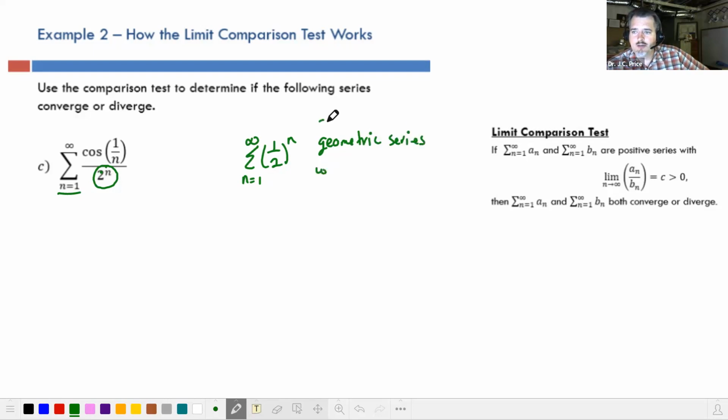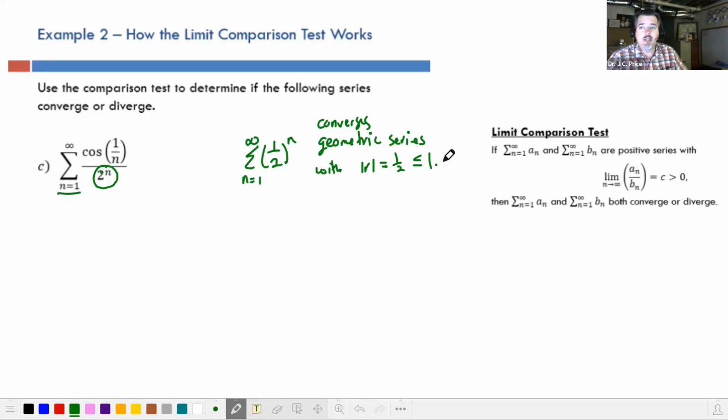And, oh, I should write converges, right? So it converges because it's a geometric series with the absolute value of r equal to 1/2, which is less than 1. Right, so the absolute value of r is less than 1, so it satisfies our conditions for convergence in a geometric series.